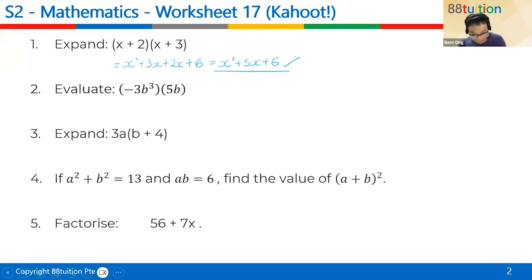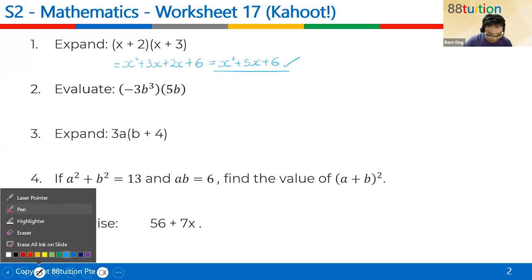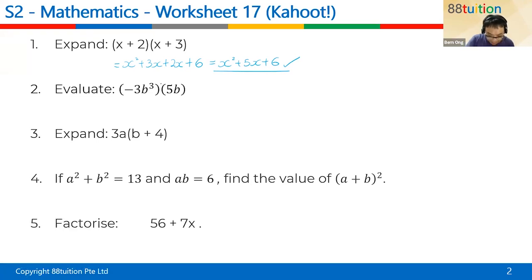Children, please train up. Down here, bracket means a multiplication. Please remember that this cube is only for the B. So you have minus 3B cubed times 5B. Actually, don't put the bracket.